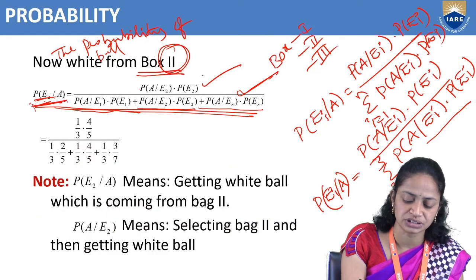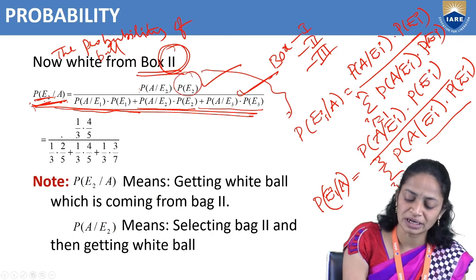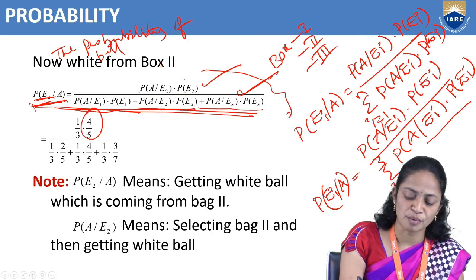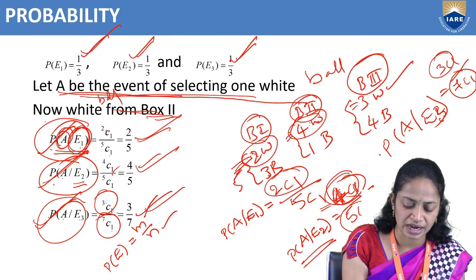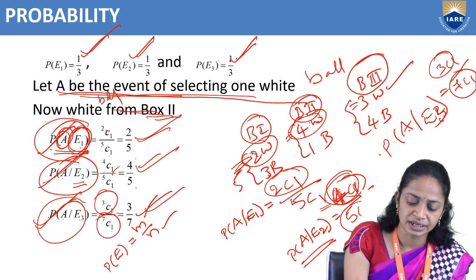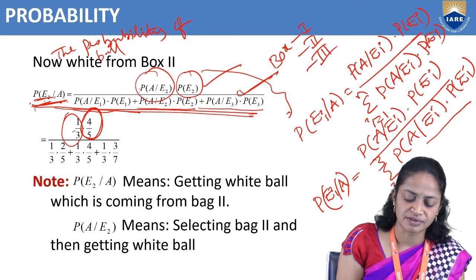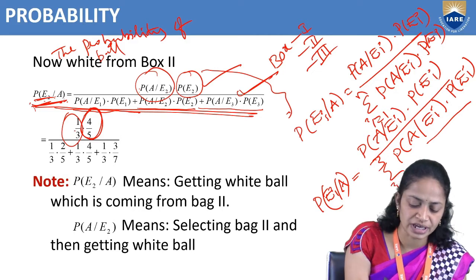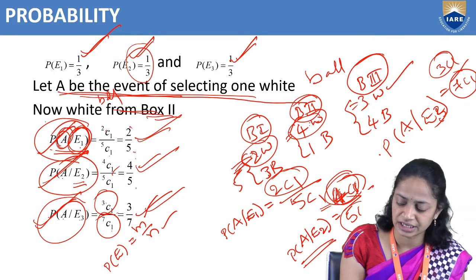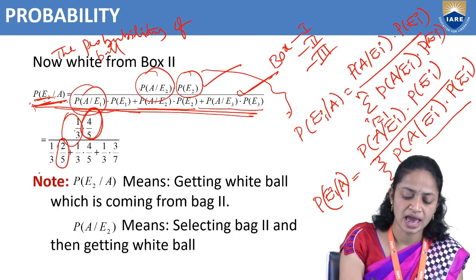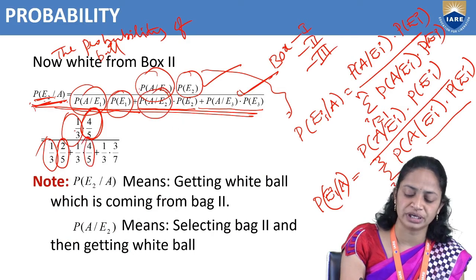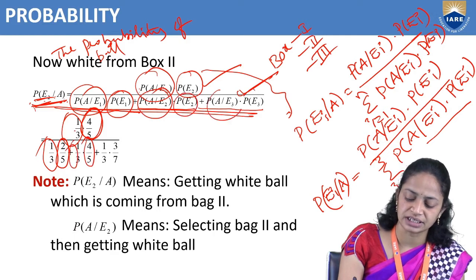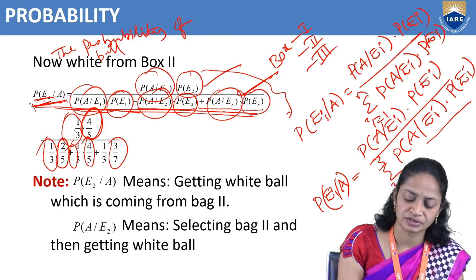Substituting in the formula, the numerator is 4 by 5 into 1 by 3, and the denominator is 2 by 5 into 1 by 3, plus 4 by 5 into 1 by 3, plus 3 by 7 into 1 by 3.